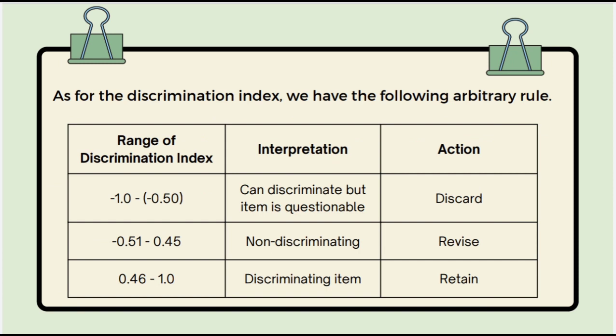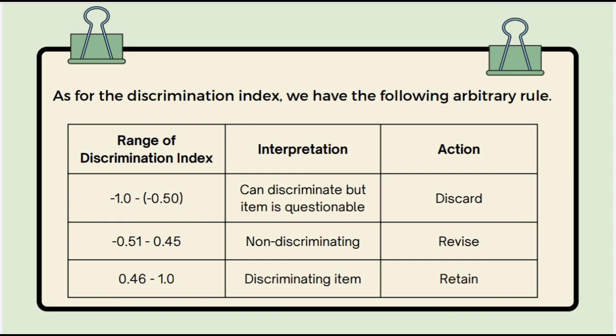As for the discrimination index, we have the following arbitrary rule. The first column is the range of discrimination index, second is the interpretation, and third is the action. So if the discrimination index is negative 1.0 to negative 0.50, its interpretation is can discriminate but it is questionable. So the action that we must do is to discard or to reject.